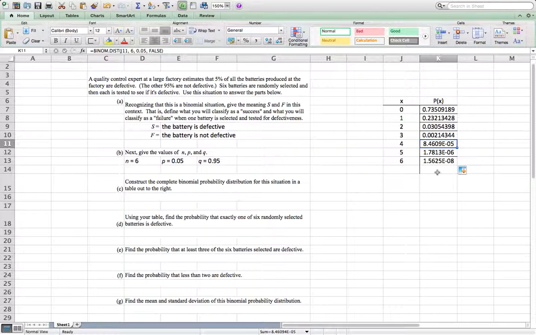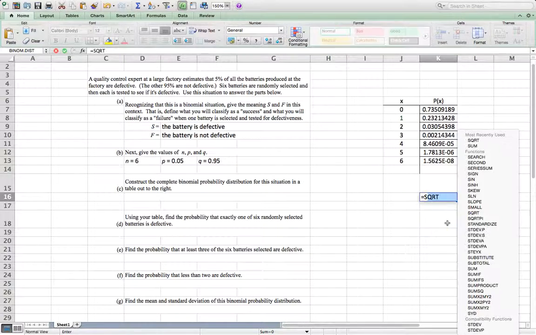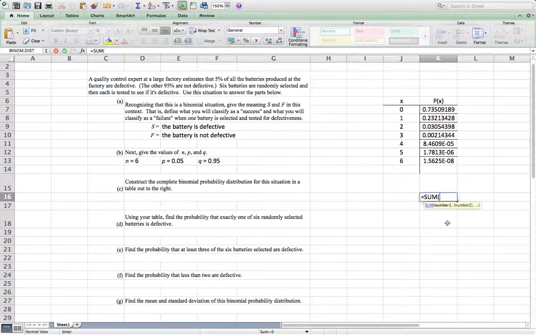You can verify this really is a probability distribution. You can add up all those probabilities, from K7 to K13, right? If you add those up, you get 1. Next, use your table to find the probability that exactly 1 of 6 randomly selected batteries is defective.